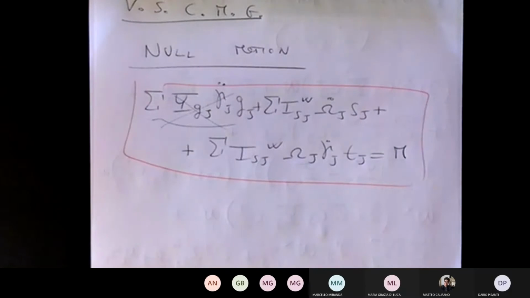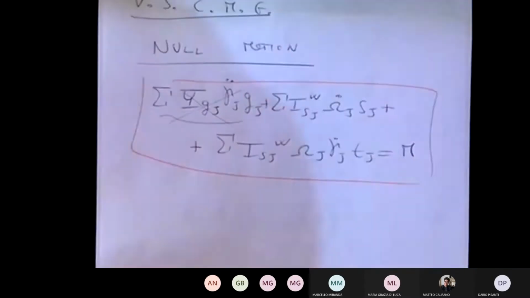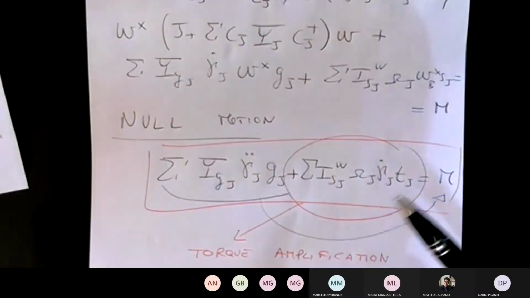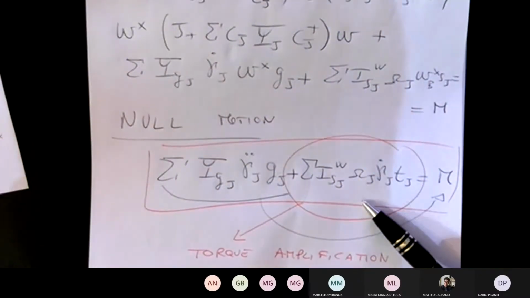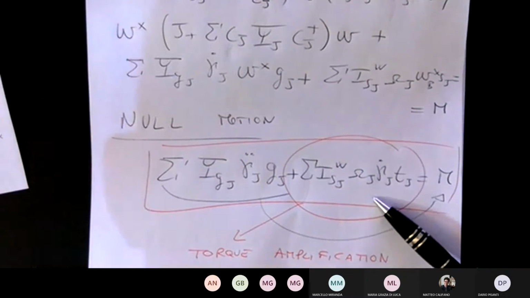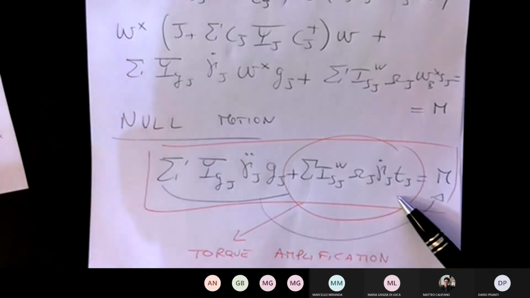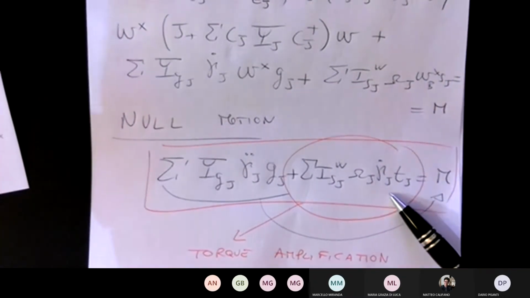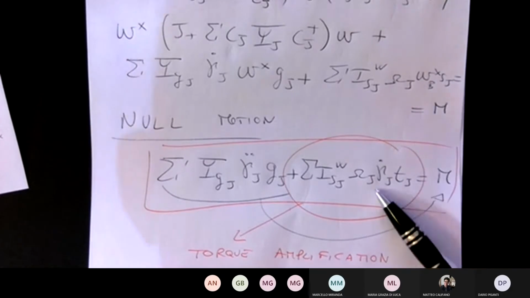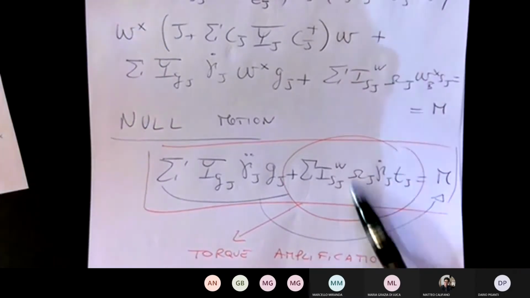What's the advantage? Well, one thing that I did not mention for CMGs is that you may still have some problems. Depending on how many you have on your spacecraft and how they are mounted, you may end up with all these tangential axes for the different CMGs pointing in a way that doesn't actually satisfy this equation.